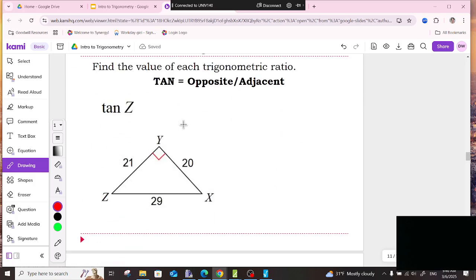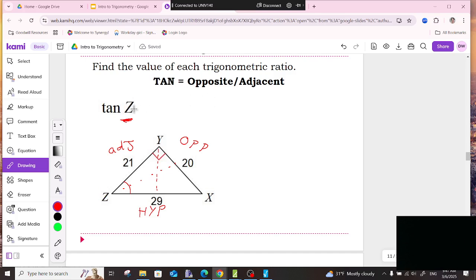So now this one. What letter am I talking about? Z. Put my finger on Z. I'm going to label. What's this one? Opposite of Z. What's the hypotenuse? 29. And then what would I label as adjacent?